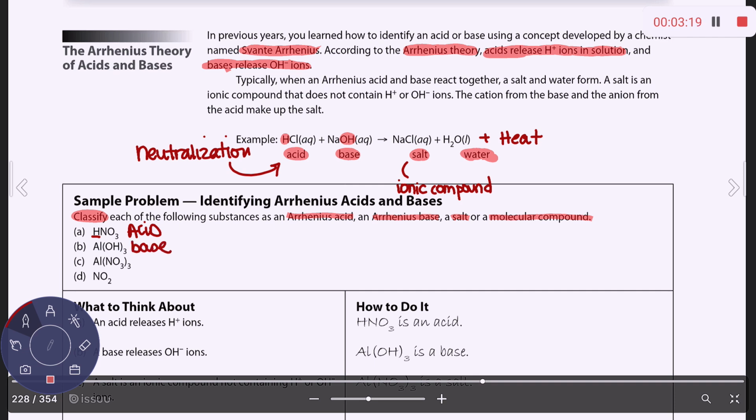Base, because it contains a hydroxide. C? Salt, because salts are ionic compounds, and ionic compounds contain a metal or the ammonium ion. Aluminum is a metal. And then NO2 would be? Molecular, because nitrogen and oxygen are nonmetals, and that's what molecular compounds are made of. Okay, let's take a look at the next page.